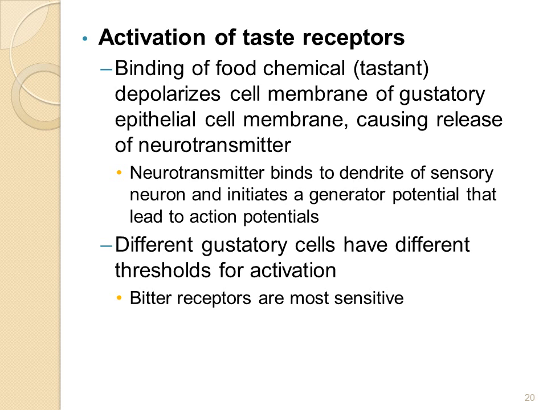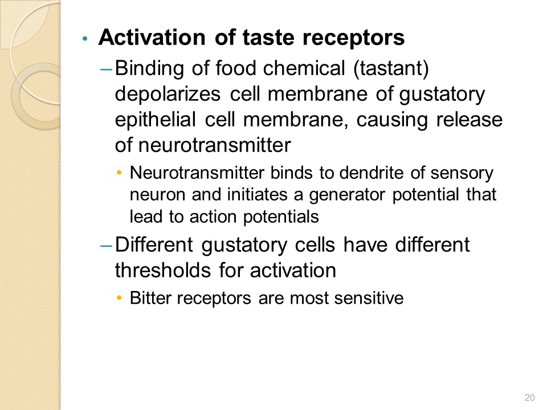The neurotransmitter binds to the dendrite of the sensory neuron and initiates a generator potential that leads to an action potential. Different gustatory cells have different thresholds for activation.